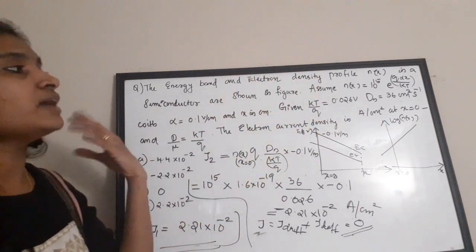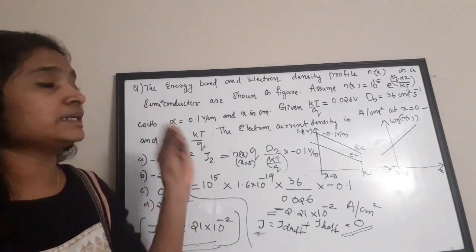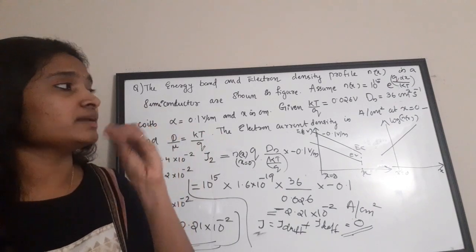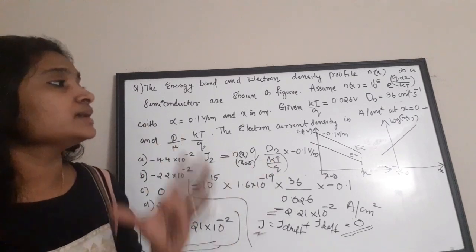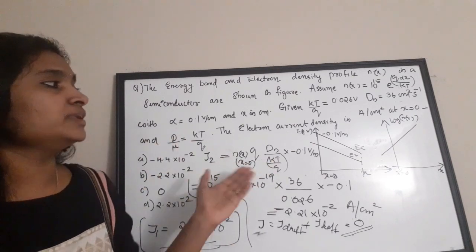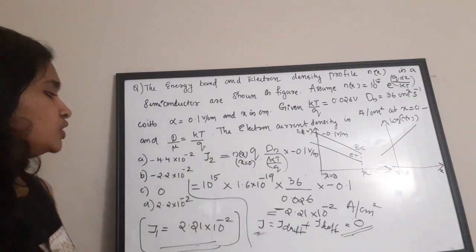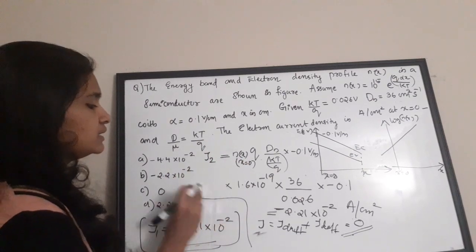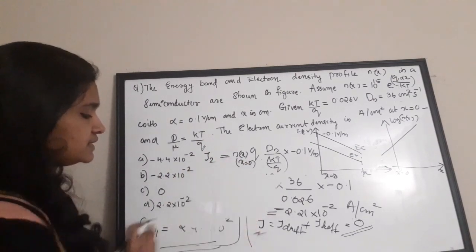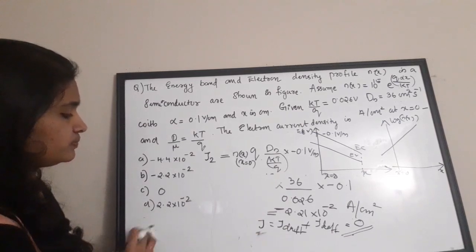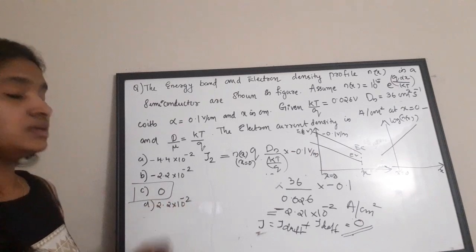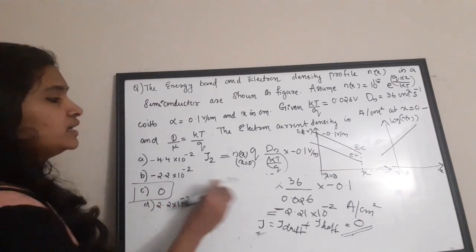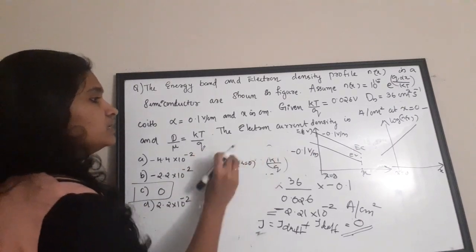So first find the value of the diffusion current density, then find the value of drift current density, then take the sum and you will get your answer. So in this question you will obtain the value of total current density as 0. So 0 is your answer. Anyway, I hope this question is clear.